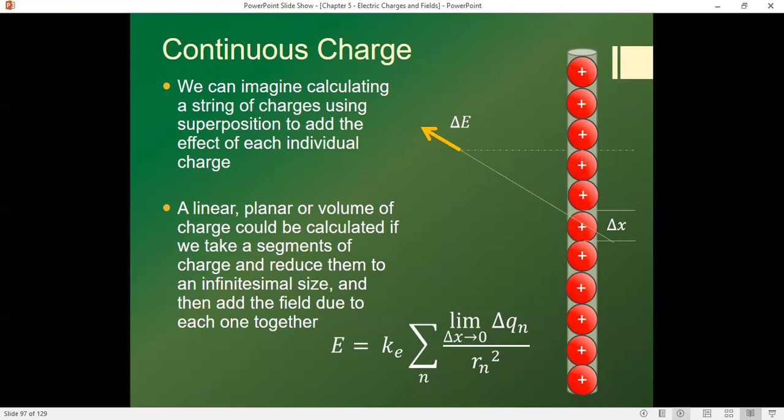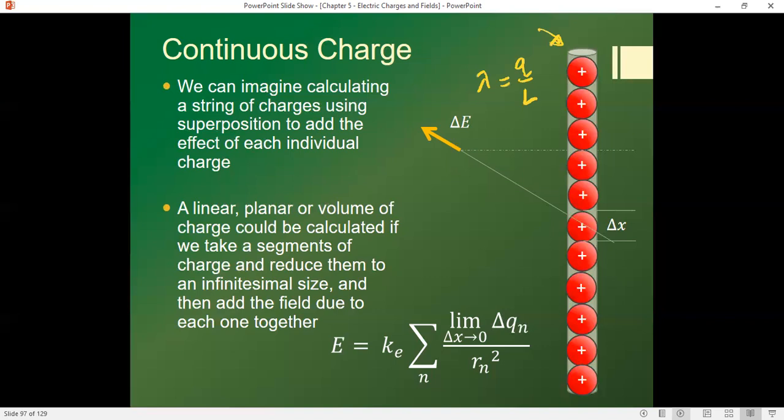So for instance, if I had some long bar of charge, let's say that this long bar represents some distribution of positive charge, where the charge density lambda is the total charge divided by the length of the rod. Not important at this point, but we'll come back to that idea.